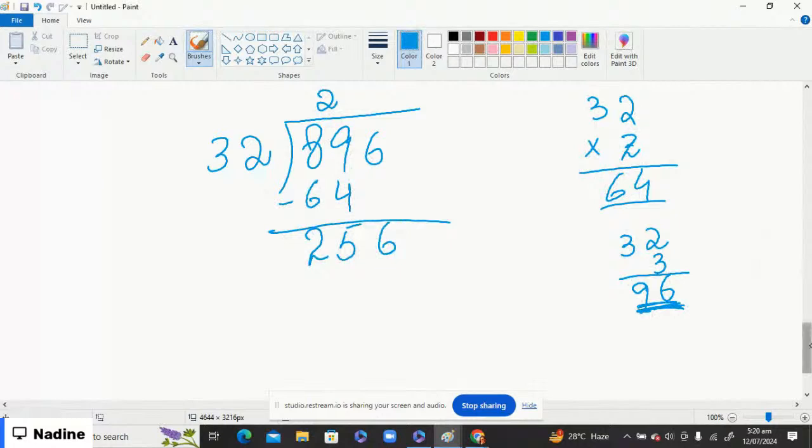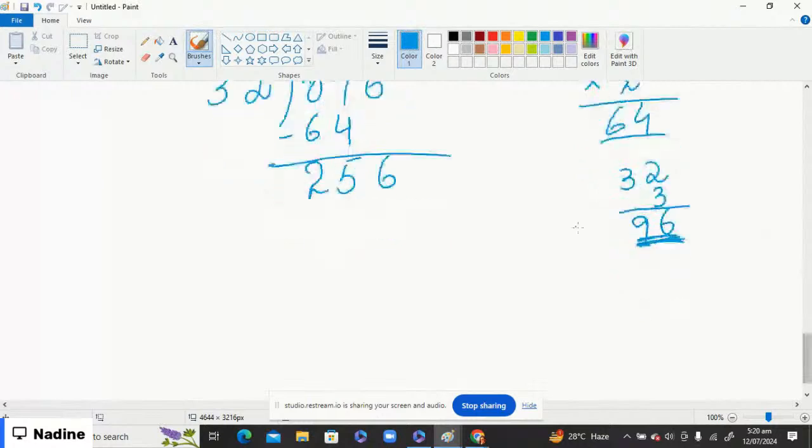Now 32 times which number is closer to 256? Let's check 32 times 5 firstly, that is 160. Now let's check for 8 or 9. Okay. Someone says it's 28. Okay, let me check.